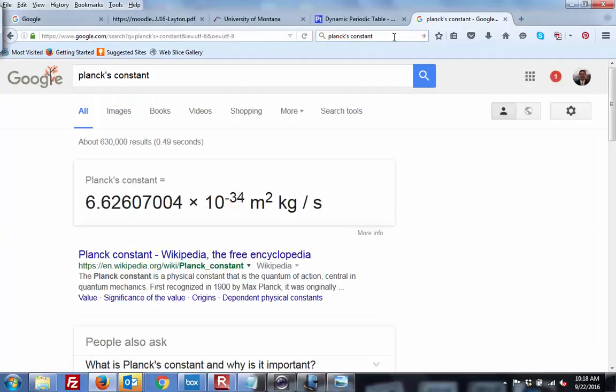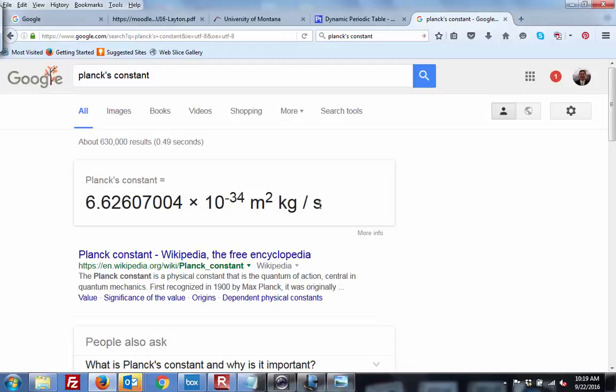Planck's constant. This is kind of weird, but it is and it isn't. If you remember, we defined the joule as 1 kilogram times 1 meter squared divided by 1 second squared.